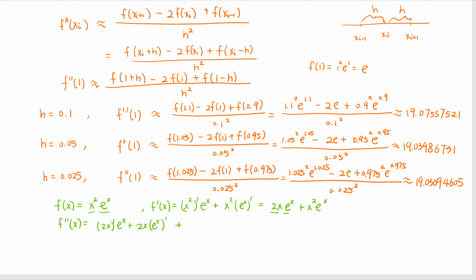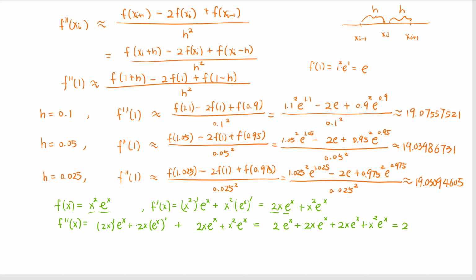But do you realize the second term is our f of x? And we already calculated the derivative of it. And it is 2x e to the x and x squared e to the x. Okay, so derivative of 2x is 2 e to the x. And then e to the x derivative is e to the x. So let's just copy down here.